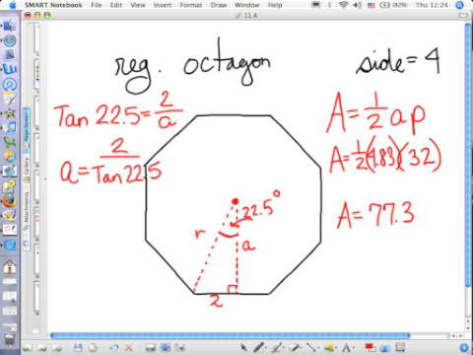But you're going to see with all of our shapes, when we're finding area, this is what we need. Unless it straight up says your perimeter is 10 and your apothem is 5, which would be impossible. But anyway. Okay, let's look at another example.